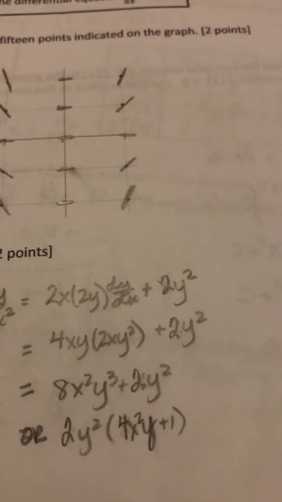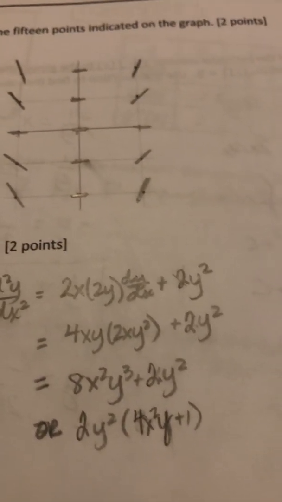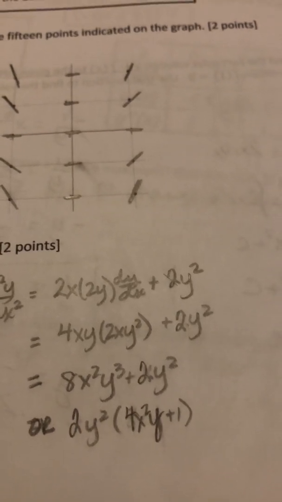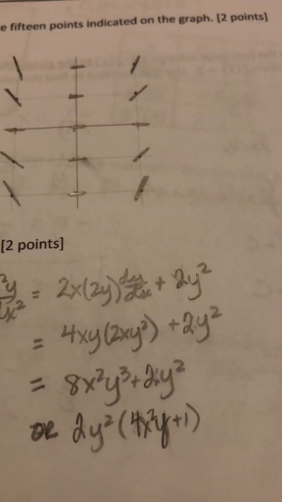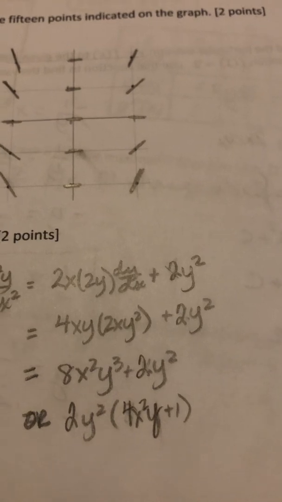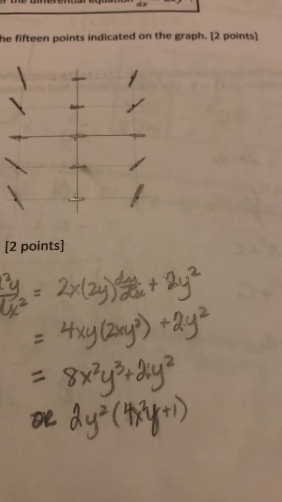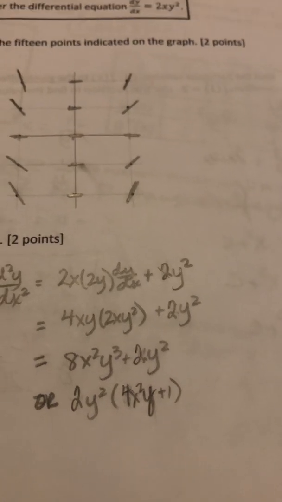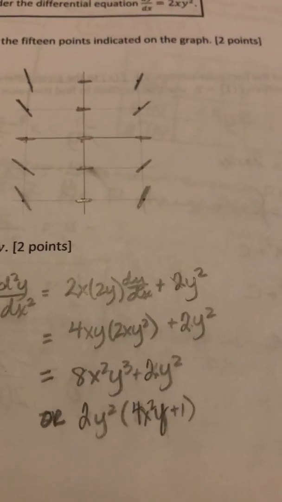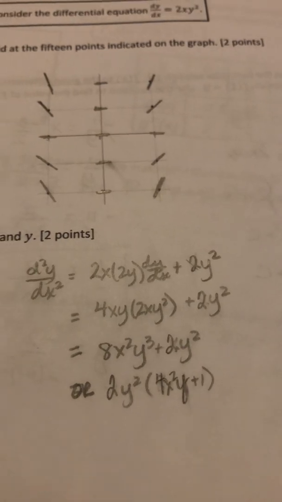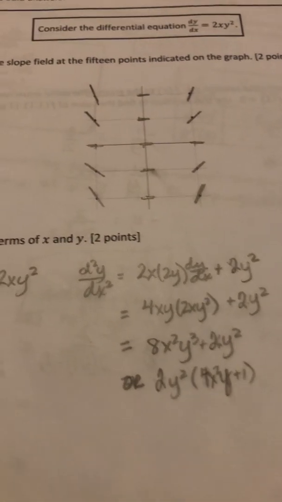Now that dy/dx has to get replaced by 2xy squared. So we really have 4xy times 2xy squared plus 2y squared, which gives us 8x squared y cubed plus 2y squared. You could factor it, take out a 2y squared, and you'd have 4x squared y plus 1. But there is our second derivative.